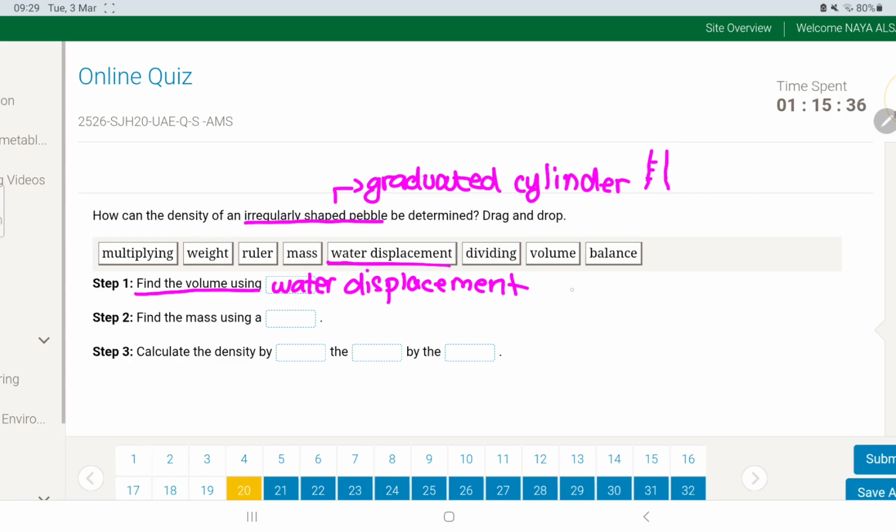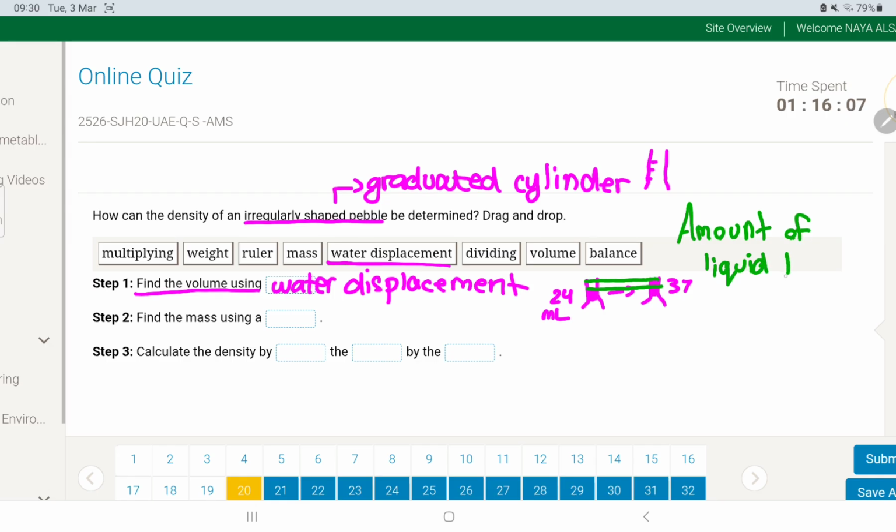Remember when I said that here, for example, we have the graduated cylinder filled with 24 milliliters, and now it became 37, remember? And I said that the amount of liquid that went up is the same thing as the volume of the pebble.